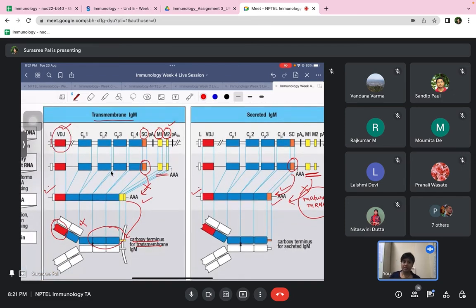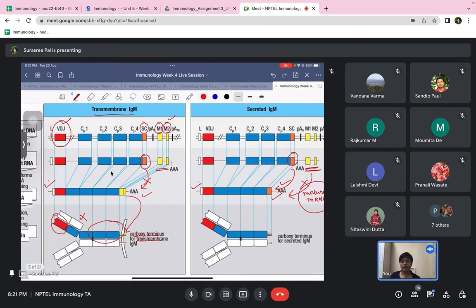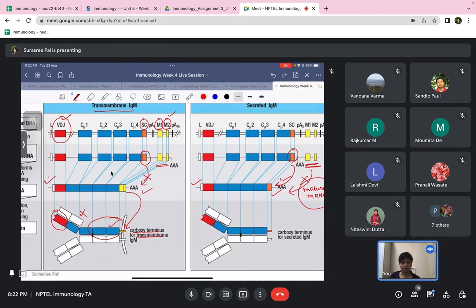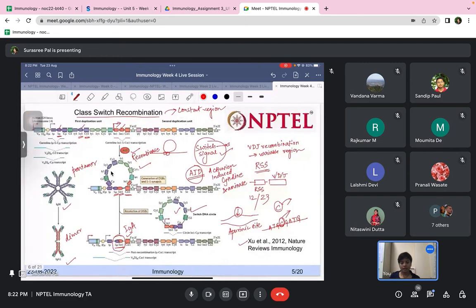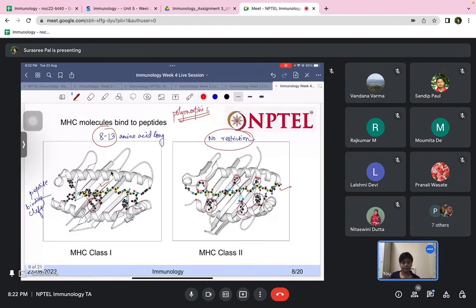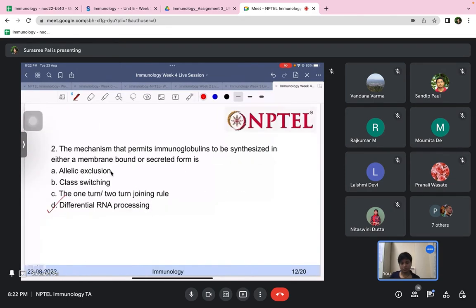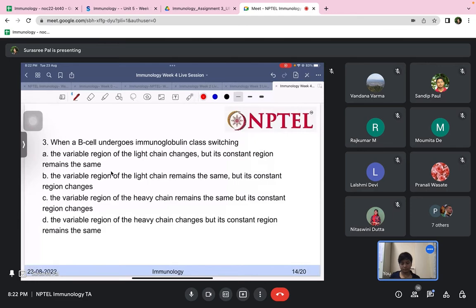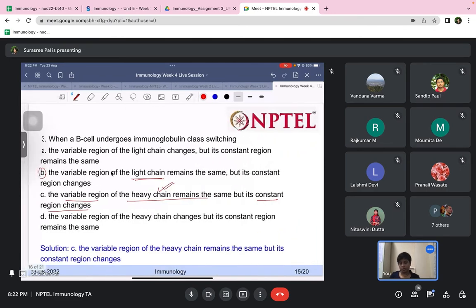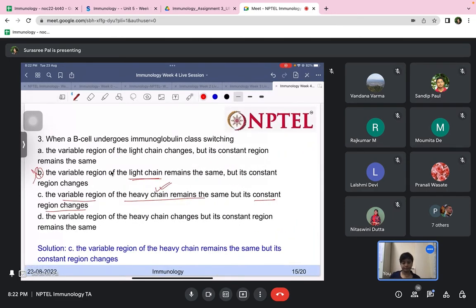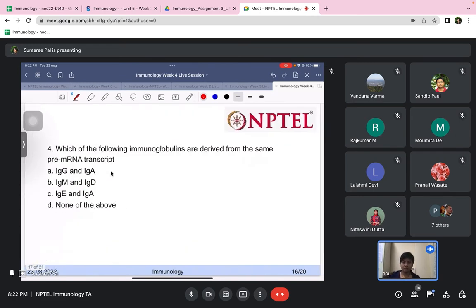Now this particular region will remain the same, but there will be differences in the constant region of the heavy chain, which is why option C will be correct. Okay, not option B. Okay, moving on to the next question.